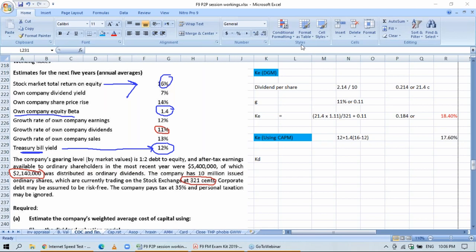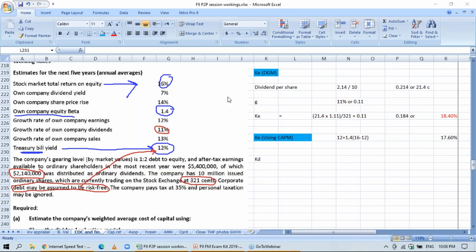So as per question, they say that the debt is risk free. So what do the questions say? I'll highlight in red. Debt may be assumed to be risk free. So as the debt is assumed to be risk free, we can safely take the treasury bills rate 12% as the cost of debt.